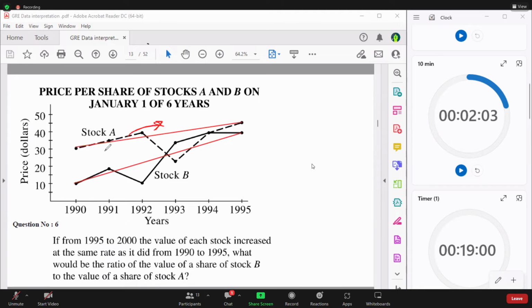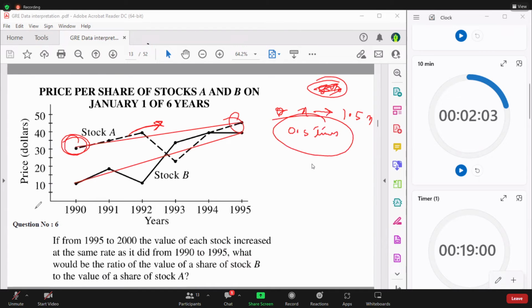It increased from X to 1.5 times of X. That is the rate. It is increasing at 50%, or 0.5 times, basically.